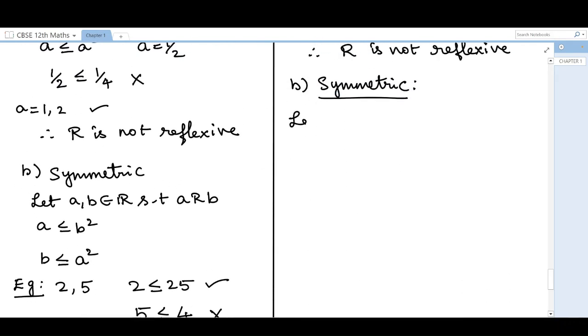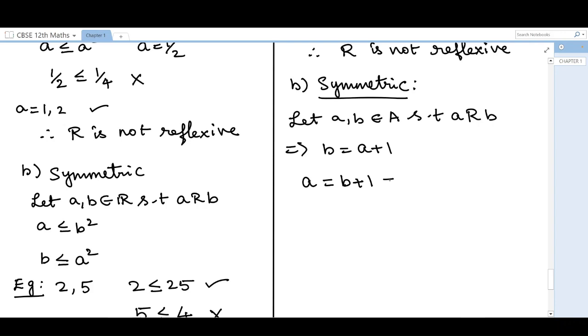We can also prove this by taking two elements in the set such that A is related to B. So this implies B equal to A plus 1. What we have to prove now is B is related to A, that is A equal to B plus 1. Clear?